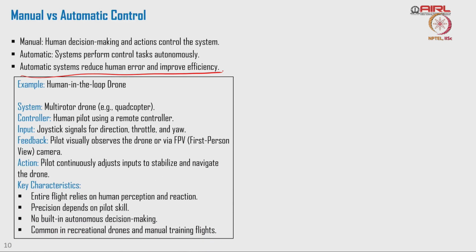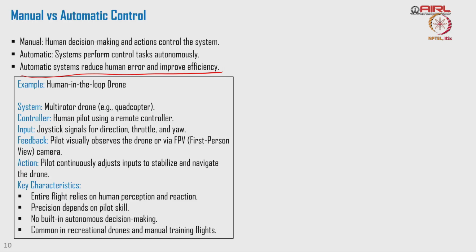Okay. So, I will give one example of operation of a human in the loop drone, where the multi-rotor drone is being operated by a human pilot using a remote control. The signals, which are the input commands to the particular drone or process, are joystick signals for changing direction, giving throttle and yaw, something like that.